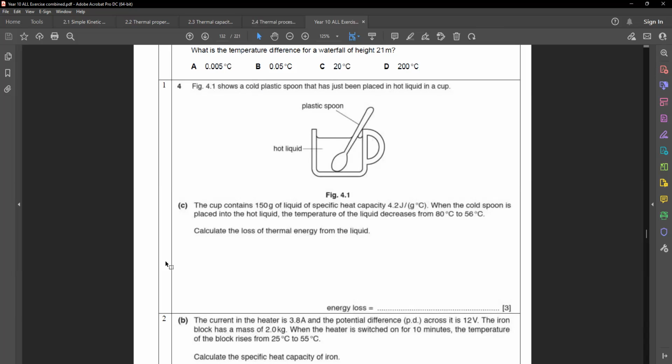How do you get one? Then after that, what do you substitute into your formula? There is no negative energy loss, Hannah, but those numbers are correct.